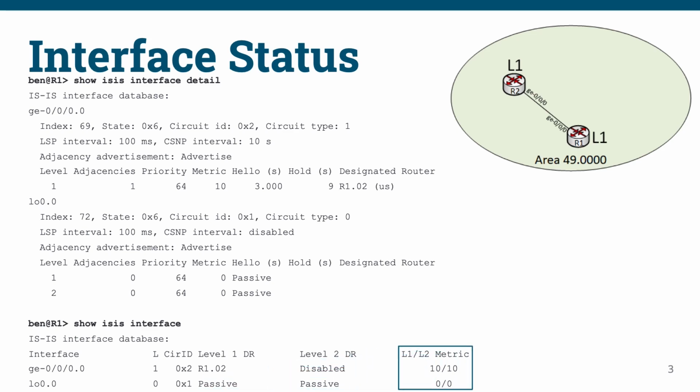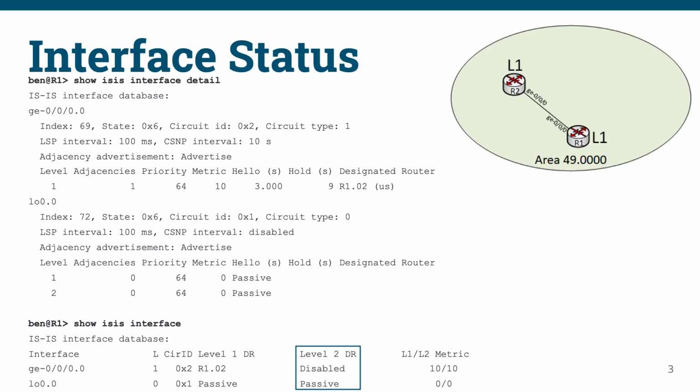From the right in this output, we have the metric that is assigned to each interface. This is the cost of the link used when performing the shortest path computation for destinations reachable over that interface. The next column left would list the Level 2 designated router, or designated intermediate system, for the broadcast segment attached to that interface.